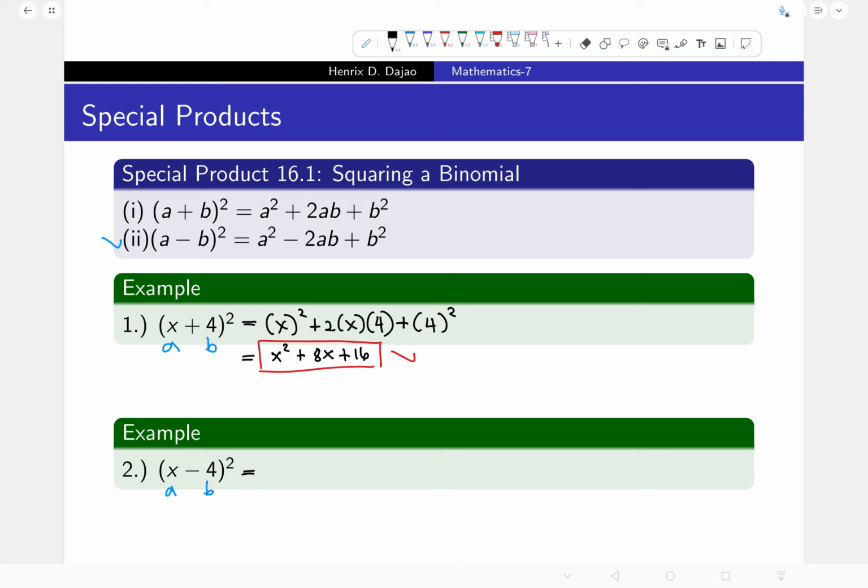Accordingly, a squared, where a here is actually x, a squared plus, I'm sorry, it should be minus 2 times x times 4 plus 4 squared. Then simplify, that is x squared minus 8x plus 16. So this is our answer. It cannot be simplified, so that will be our final answer.